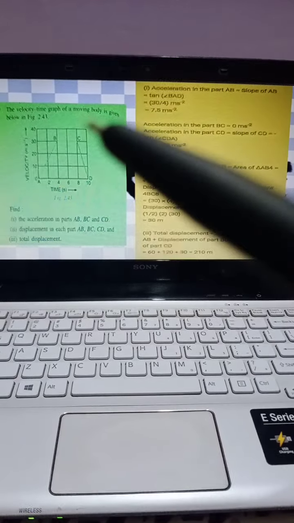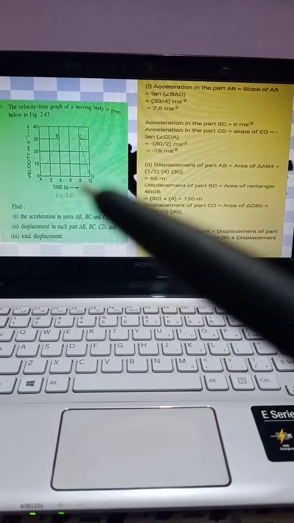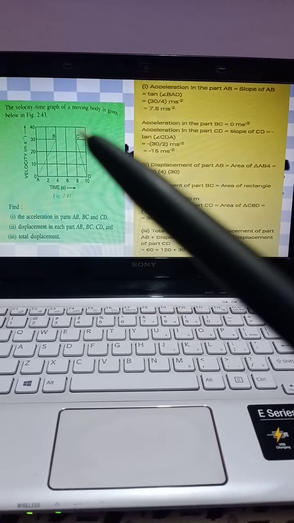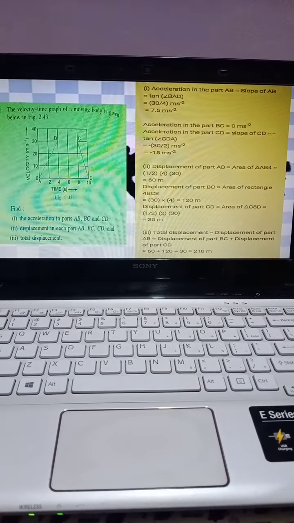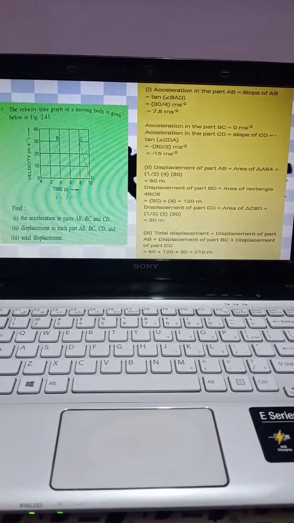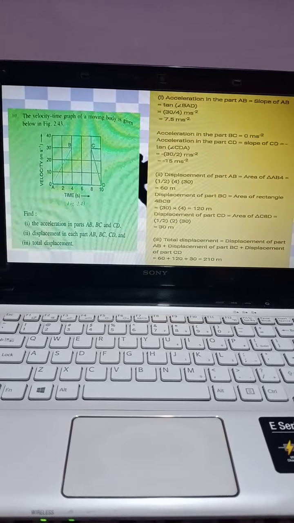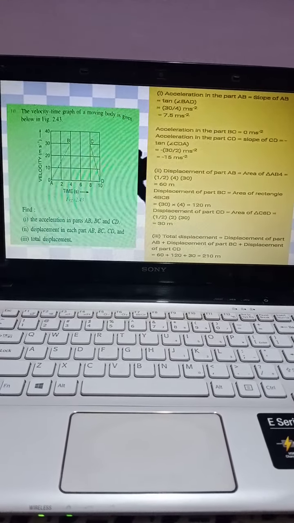Then for the CD part, again it is a triangle, and the area of the triangle is equal to 30. Then to find the total displacement, as all these different shapes are in the positive quadrant, we have to add. So at last we added 60, 120 plus 30, and it becomes 210 meter, which is the total displacement of the object with the help of this velocity time graph.